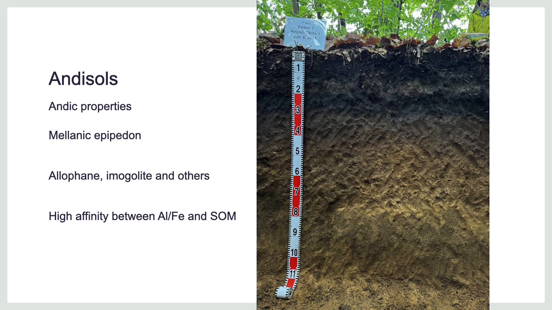And also I need to find the melanic pattern, one of the patterns that we use for soil classification according to soil taxonomy. As we already said, the Andisols are connected to allophane, imogolite, and other low crystalline minerals, okay? And they present a very high affinity between aluminum, iron, and soil organic carbon, okay?